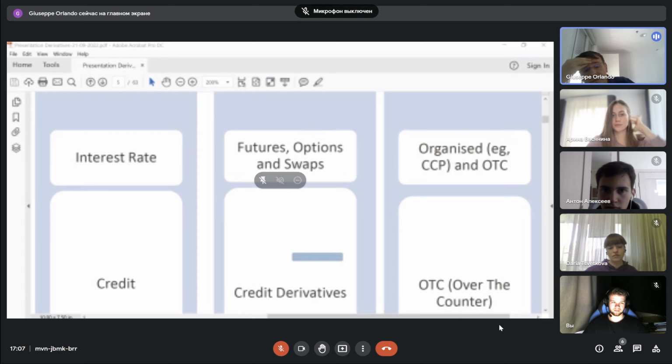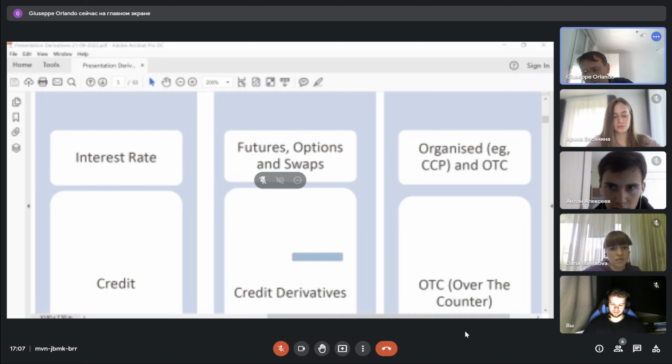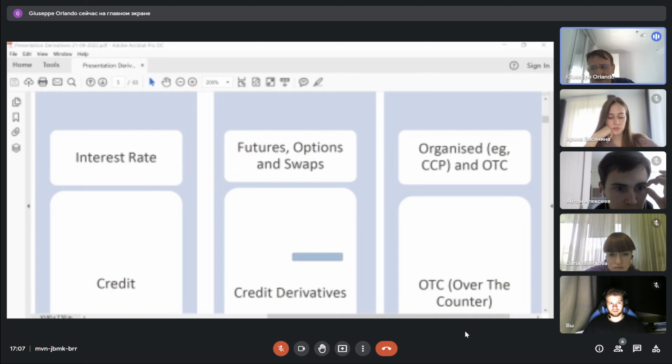Okay, so regarding swaps, it is when you exchange a fixed rate against a variable rate. So let me make an example. Let's say that regarding an amount of 100,000 rubles, you pay a fixed rate at 5%.